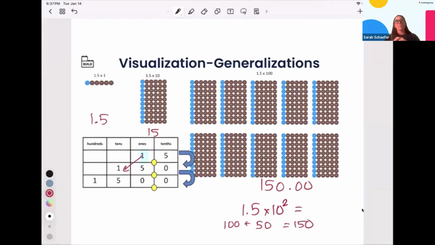Any questions on multiplication visual models? With multiplication, if we go back to foundational ideas, we have to know what multiplication means, or we can't build it. We have to be able to flexibly decompose with place value.